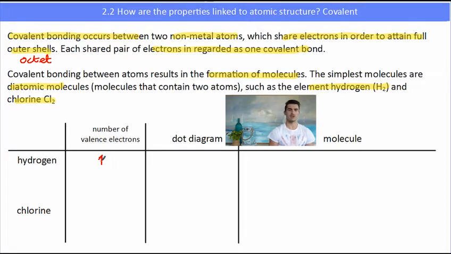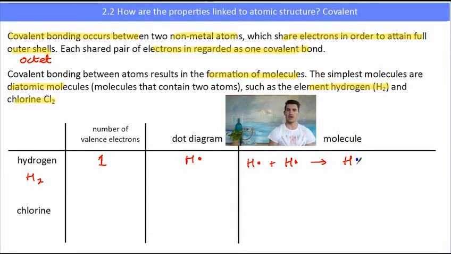If we have a look at hydrogen, hydrogen has one electron in the outer shell. So the dot diagram of hydrogen has a H with one electron in its outer shell. The dot diagram shows the number of electrons in the outer shell. So if we get two hydrogens, remember in the first shell we can have two electrons, both of those hydrogens will share an electron each to form a bond.